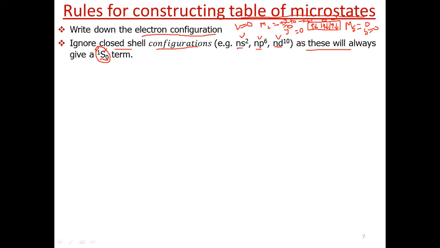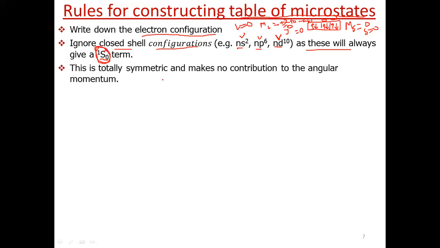Similarly, you can find it for nd10. The closed shells will always have a term 1S0, and this term is totally symmetric and makes no contribution to the angular momentum. So we don't have to consider the closed shell configuration when we have to find the term symbols for an element.